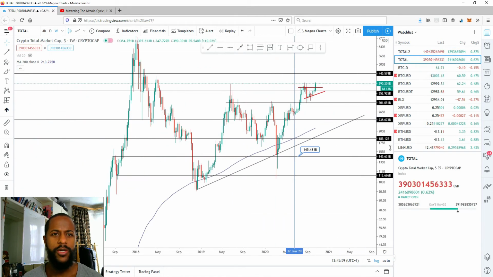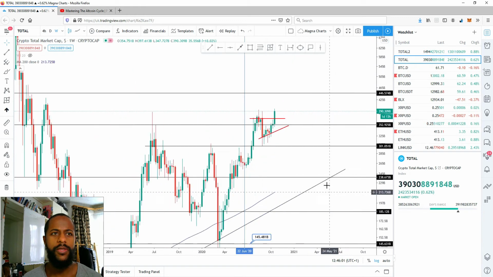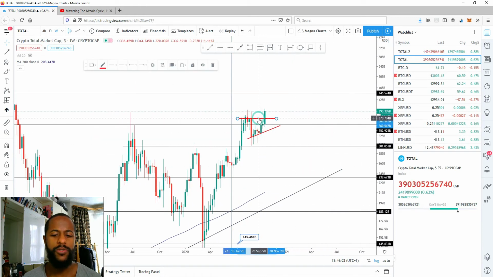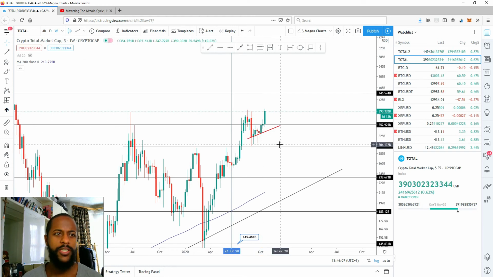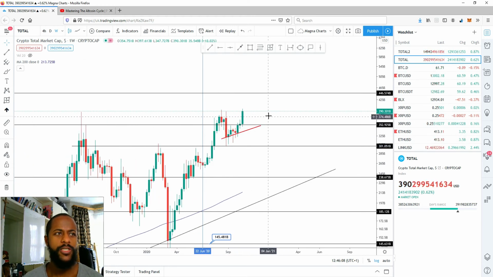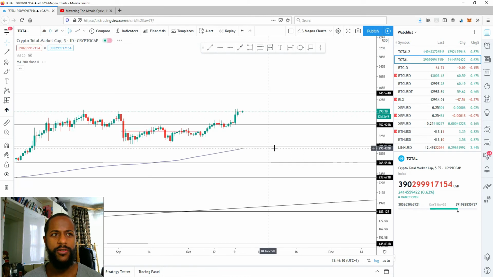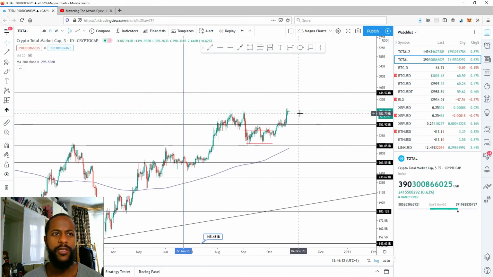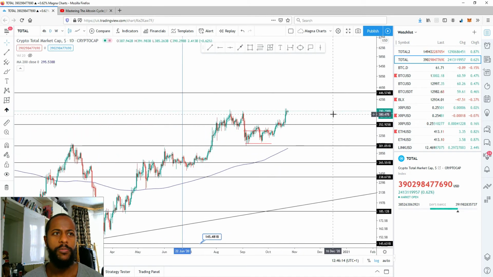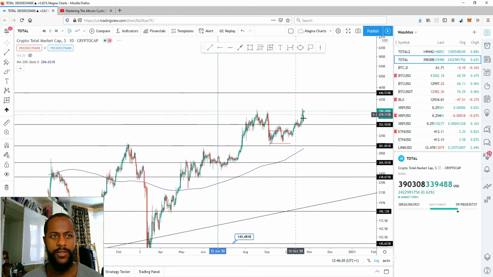In the total market cap, there isn't much of a pattern. I mean, this was a bit of a stretch. There was clear resistance here, and potentially on the daily time frame it's more clear. But yeah, we can see more clearly that we have broken above this resistance area and retested it.